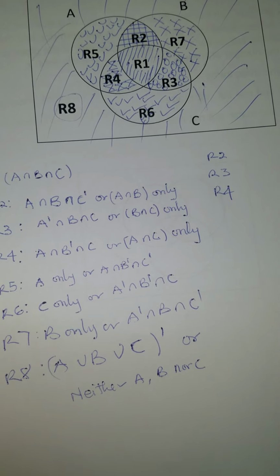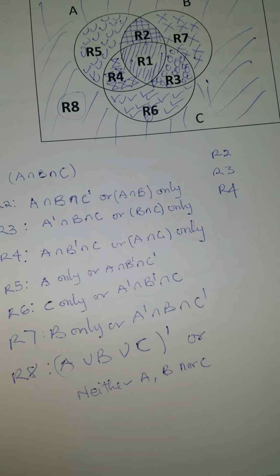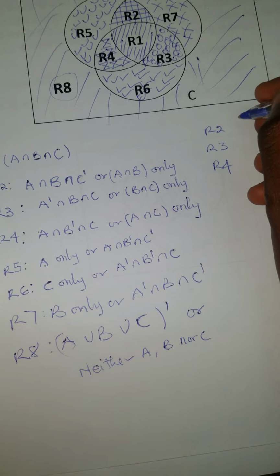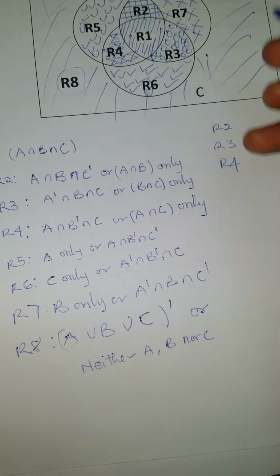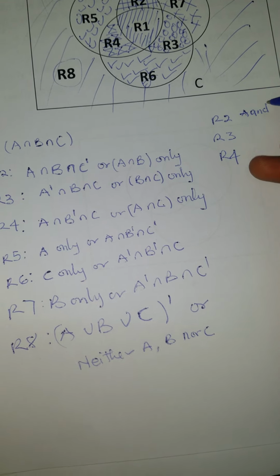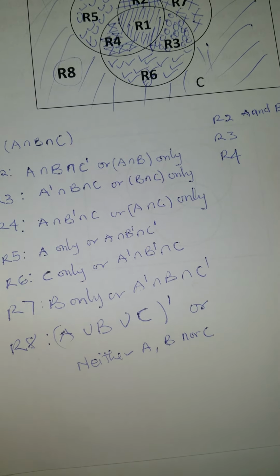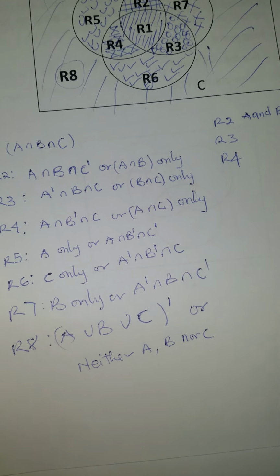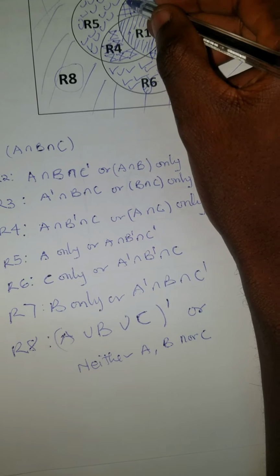These regions can also be called A and B. So for this region, you can say A and B, but not C. It means that they are talking about this region.